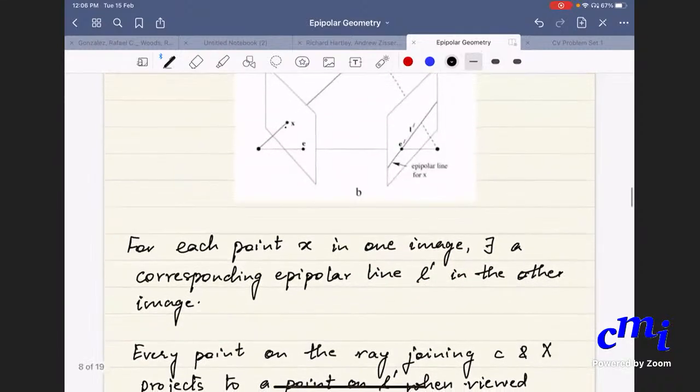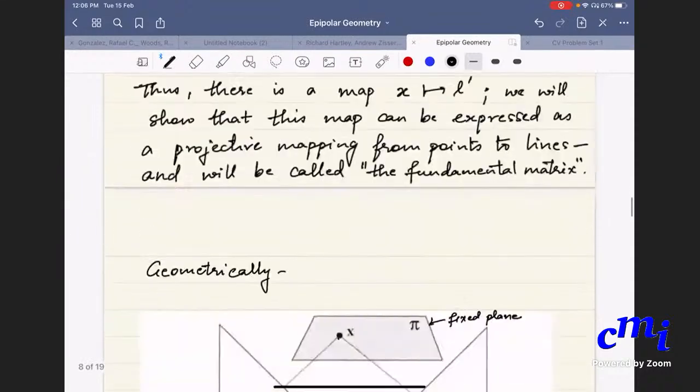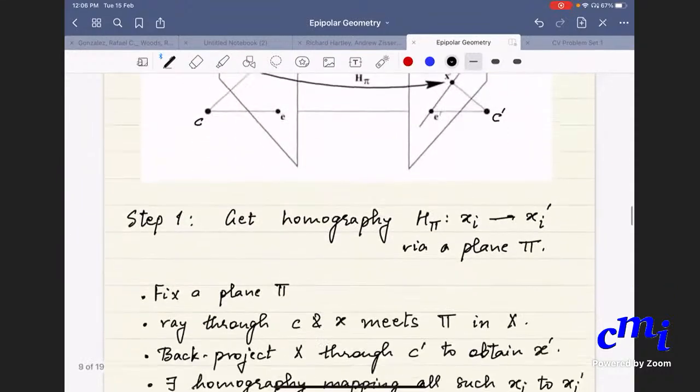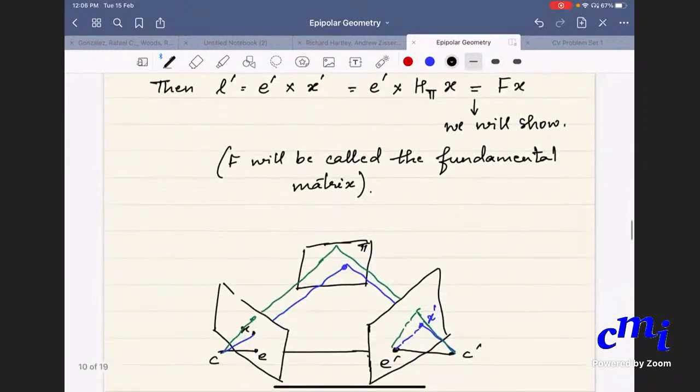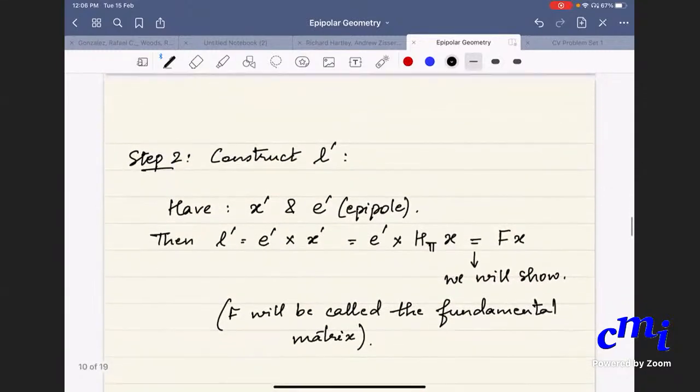So for each point x in the first image, there will be a corresponding epipolar line, which we will denote by small l prime. That's our notation, and geometrically, I just told you how to construct the whole thing.